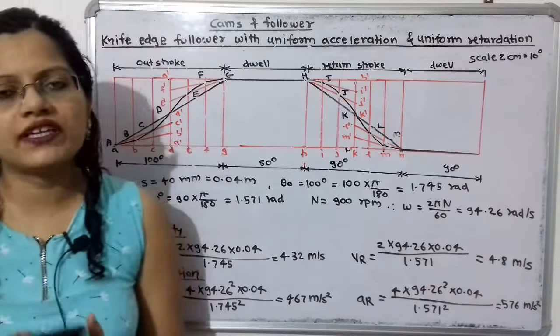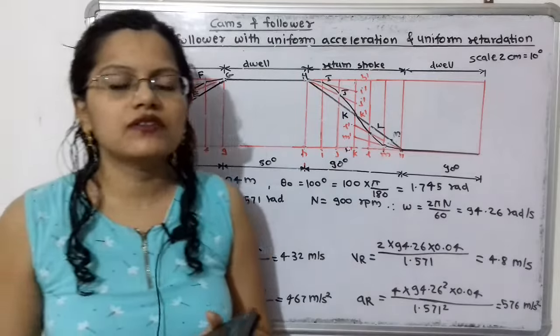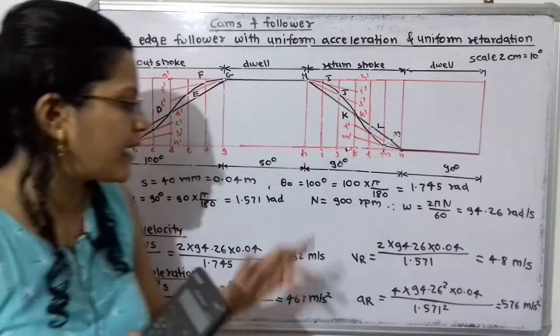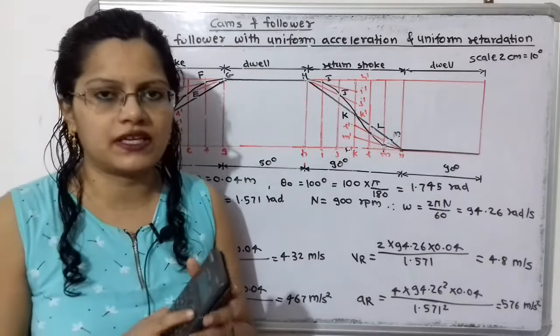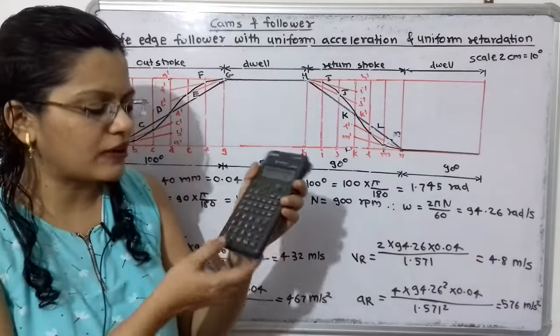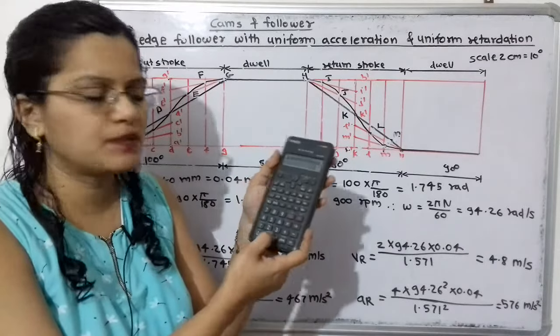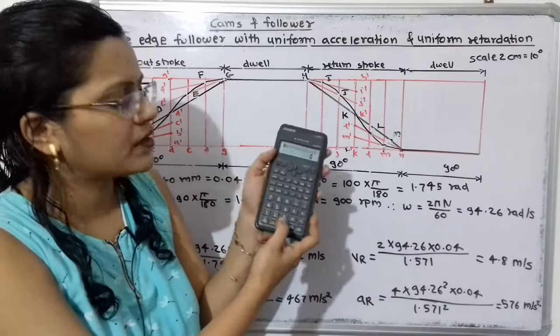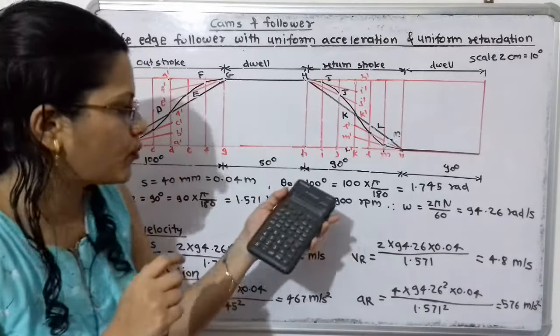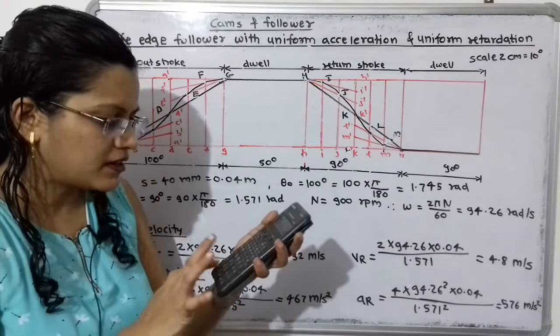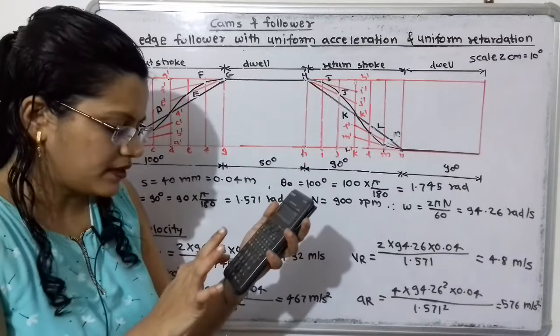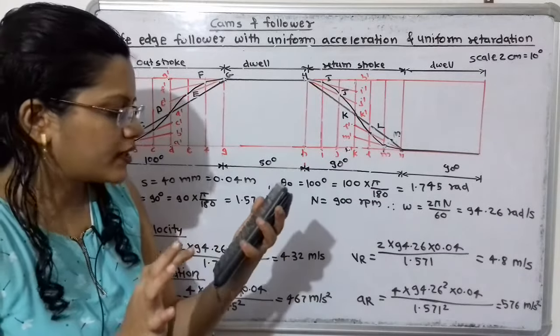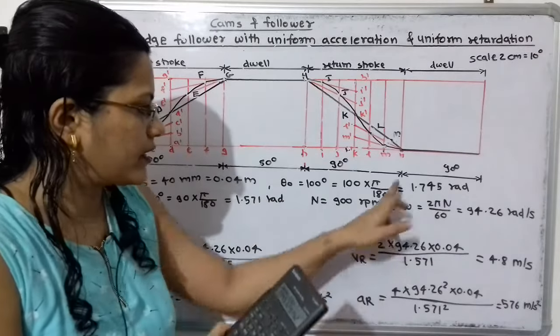We have to convert this into radians by multiplying by pi by 180. On this calculator, at the bottom there is pi: press shift and this bottom button, and this is the pi value. So pi multiplied by 100 divided by 180 is 1.745 rad.